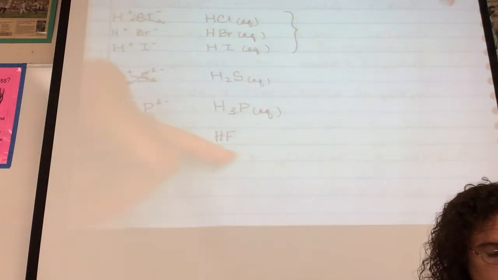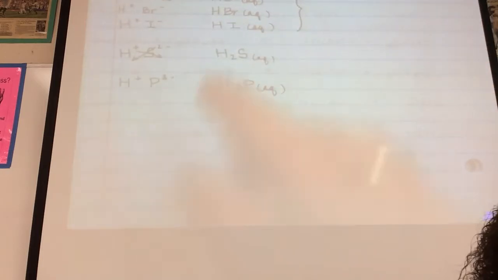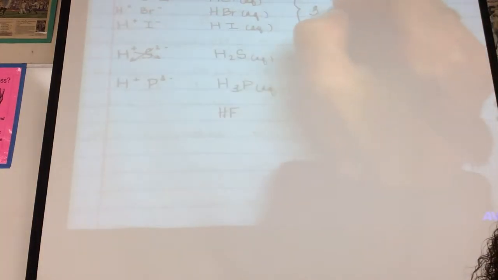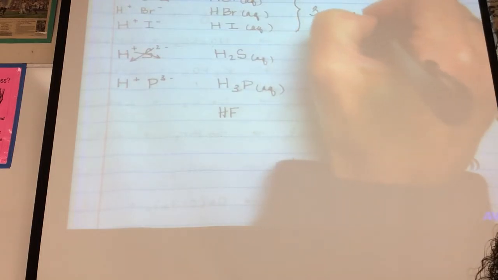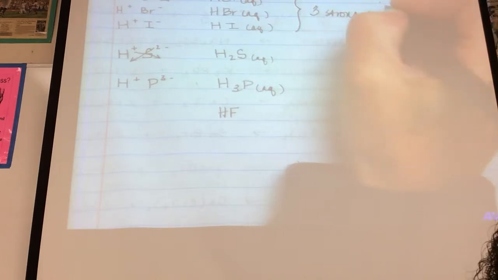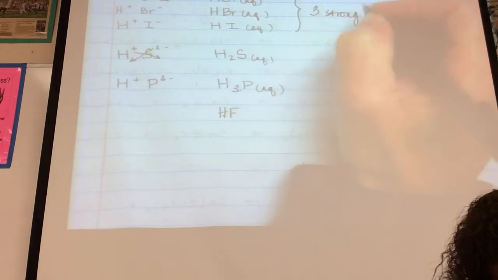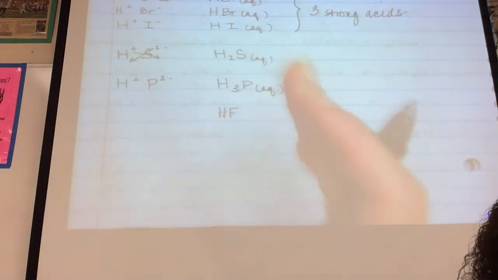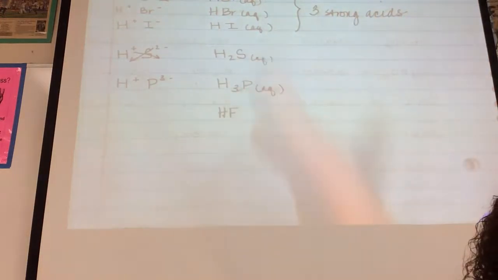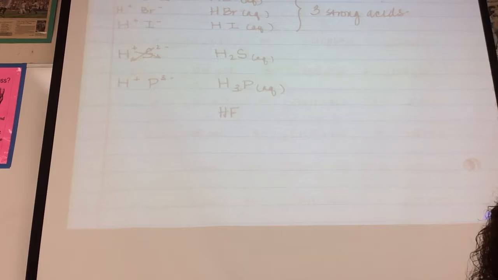And even though that's from group 17, it happens to be a weak acid. So these are 3 of the 8 strong acids. So the binary acid's pretty straightforward. So if I said to you hydroiodic acid, you'd write HI.